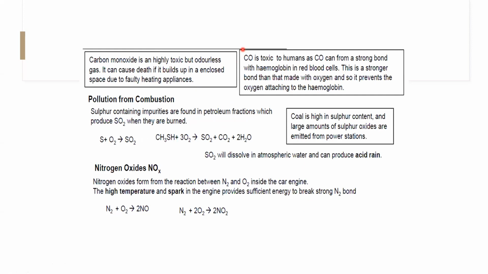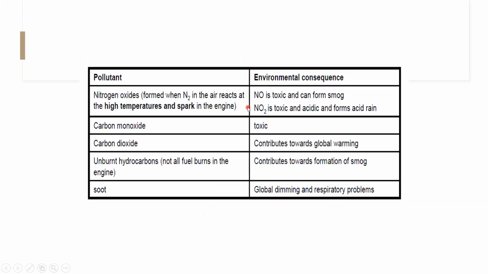And oxides of nitrogen: in the car engine, the electrical spark causes a reaction between nitrogen and oxygen, which leads to the formation of oxides of nitrogen, resulting in photochemical smog as well as acid rain because it is an acidic oxide.